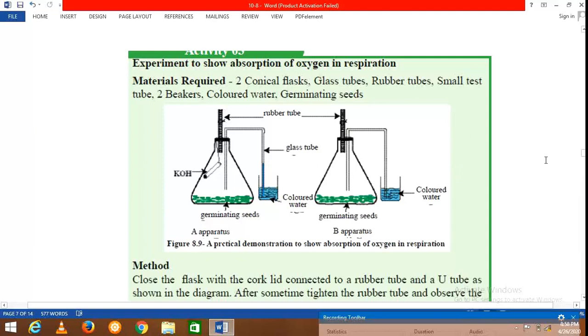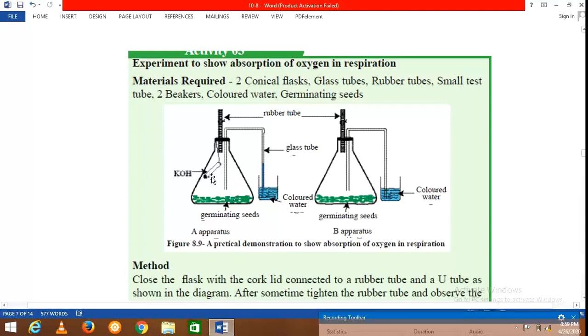Then here what happens is that we assume that the carbon dioxide released and oxygen gained is more or less the same. The two volumes are the same. That is an assumption. So here in A, during respiration carbon dioxide gas is given out and that gas is absorbed by potassium hydroxide, and oxygen gas is obtained for the respiration by the germinating seeds.